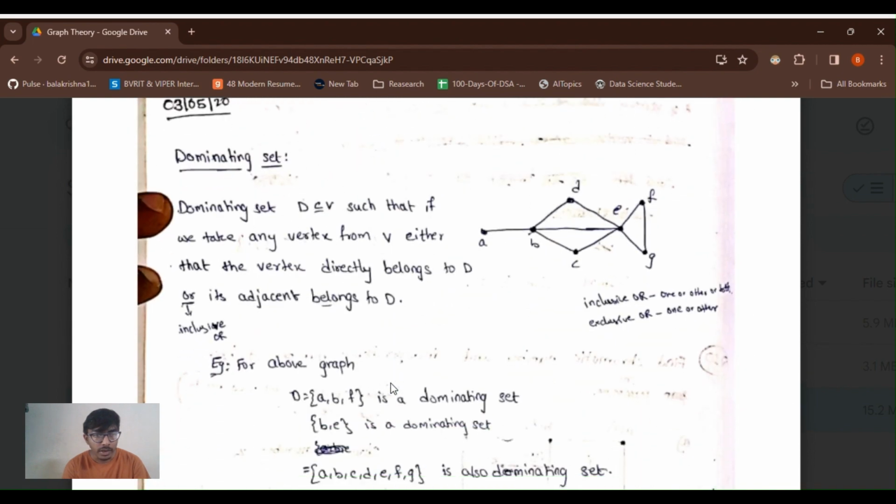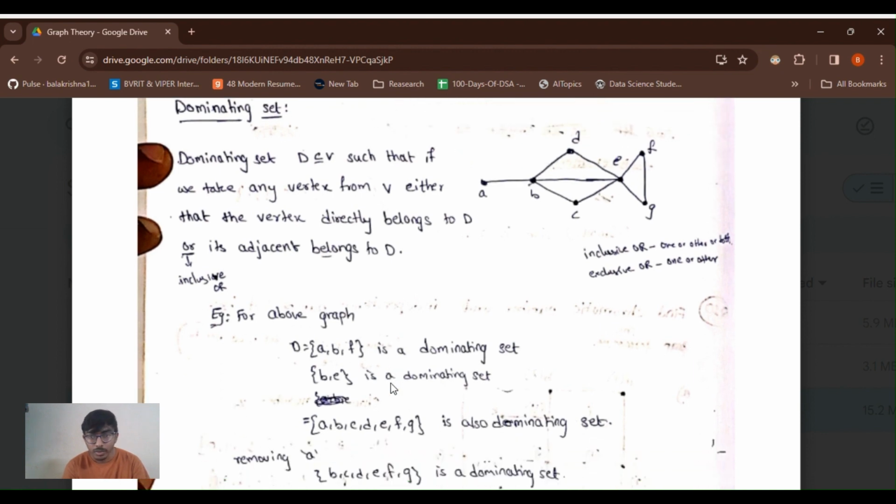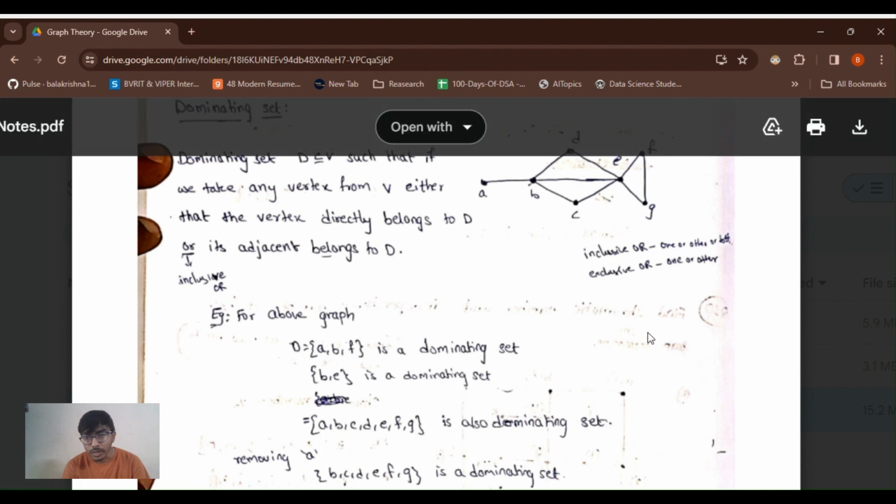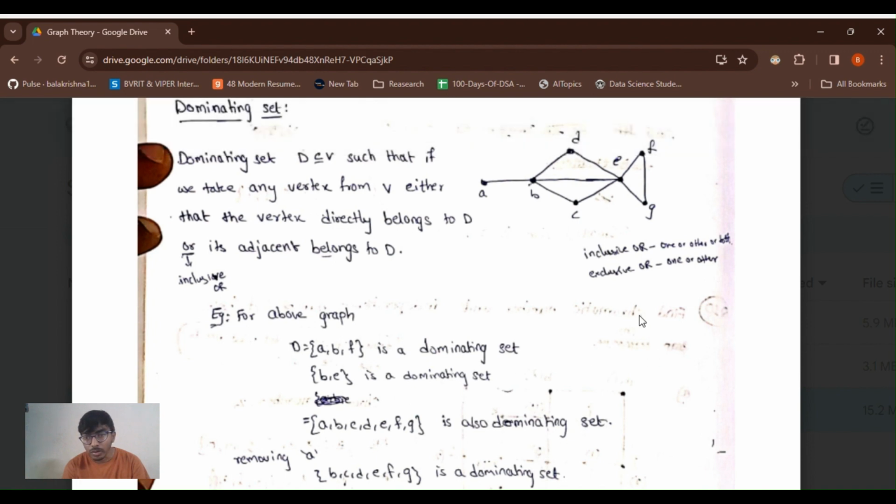Dominating set: for any vertex in V, either the vertex belongs to D or it is adjacent to a vertex in D. If you see clearly, it is exclusive or one to the other.